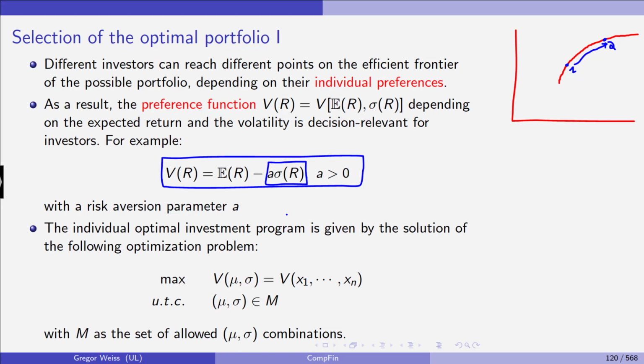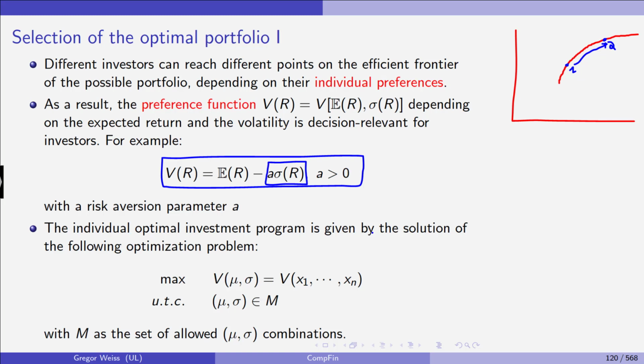But for an individual investor, you need to look at the preference function, or sometimes, of course, this is also a utility function, because you get utility from your best risk-return combination. So actually, the individual optimal investment program is based on your preference function. So you're maximizing V of mu and sigma.